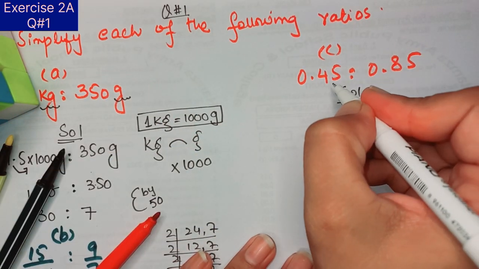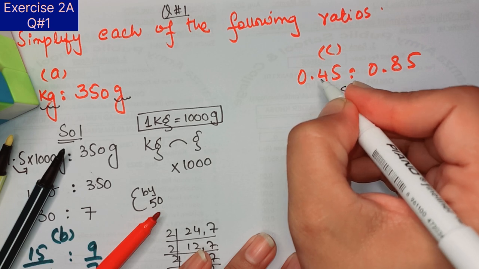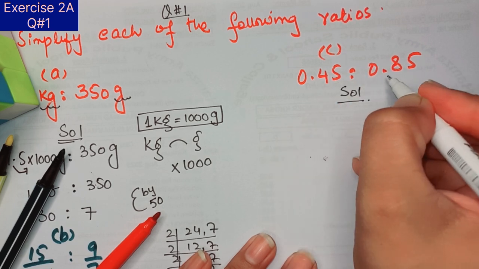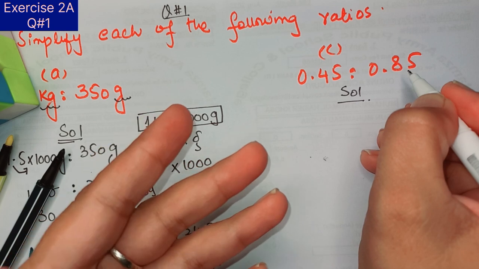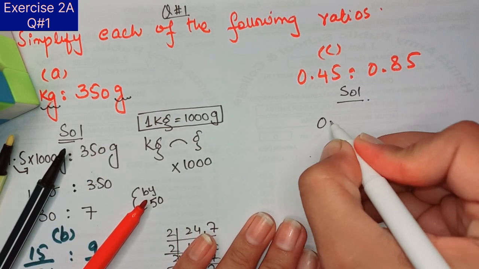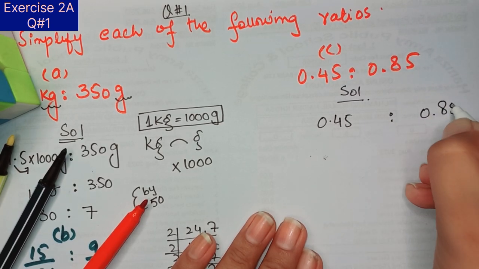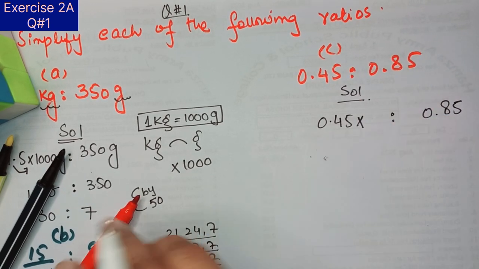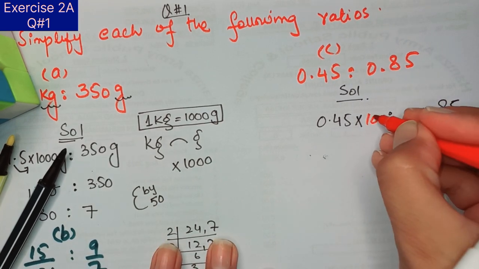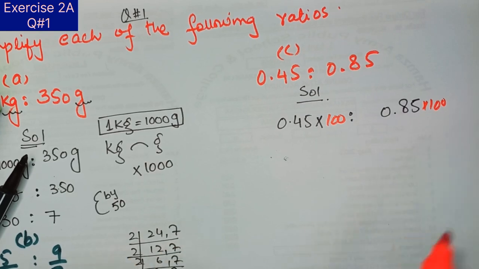You can see that after the decimal we have 2 digits, and here also after the decimal we have 2 digits. So we will multiply both by 100.